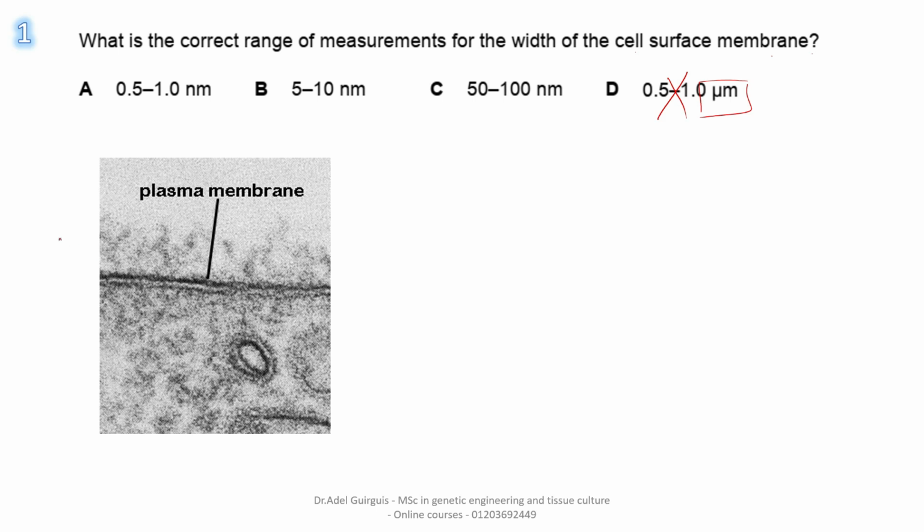It shows two dark lines, and in between these two dark lines a lighter area, and this three laminar part represents the phospholipid bilayer, where the hydrophobic tails are represented by this lighter area, while the heads of the phospholipids are from above and from below.